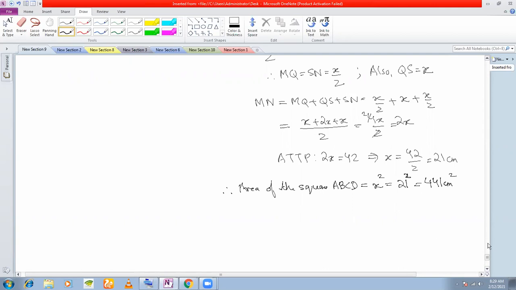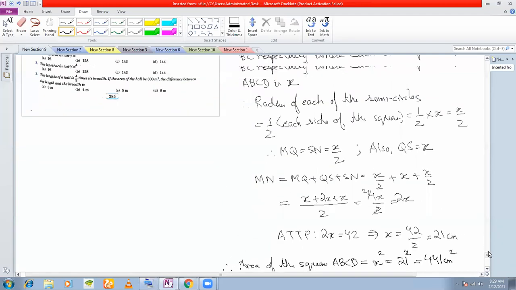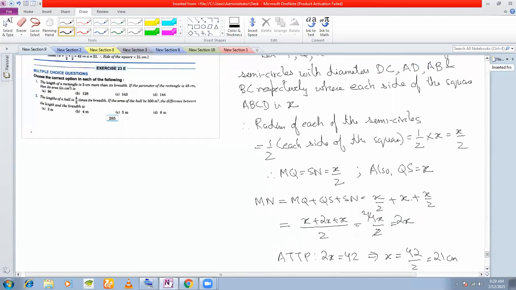Okay, and now we shall find out the area of each of the semicircles. What is the radius of each of the semicircles? If you see, the radius of each of the semicircles is x by 2.